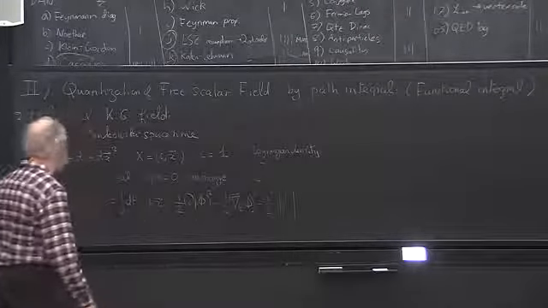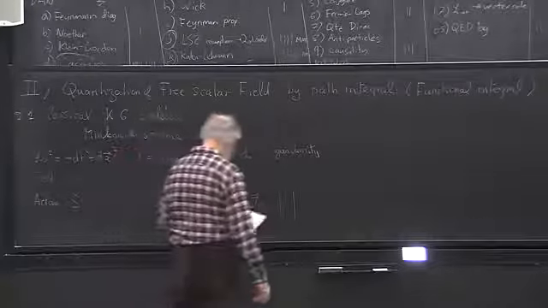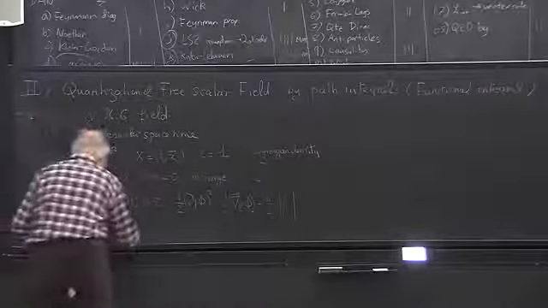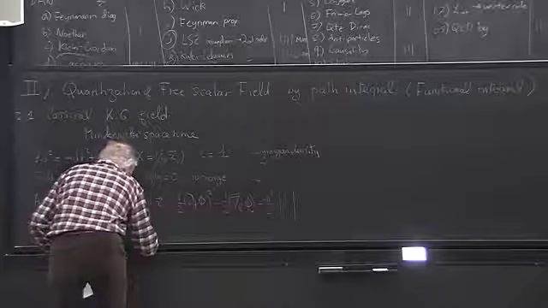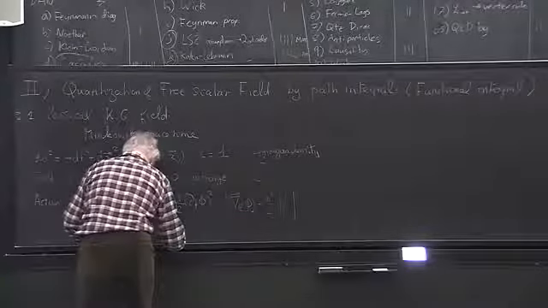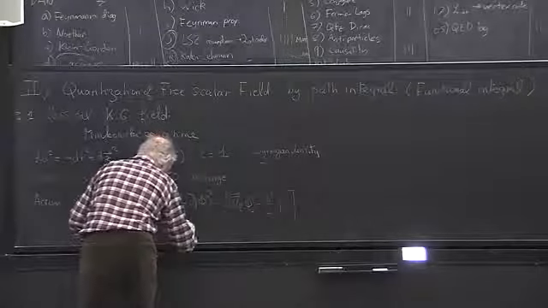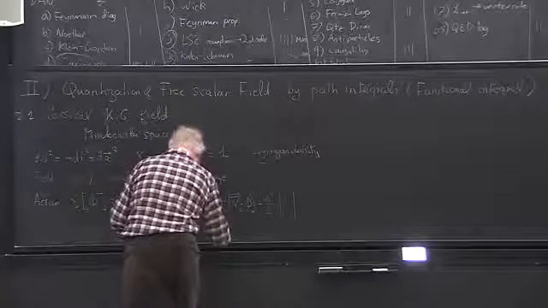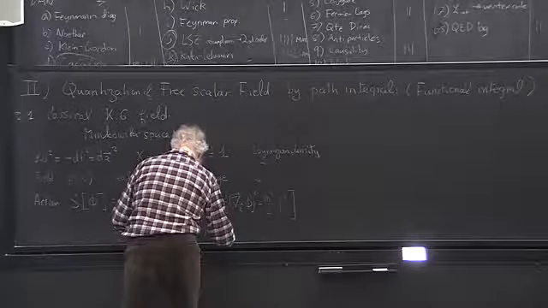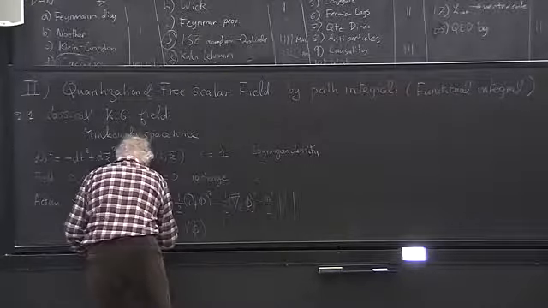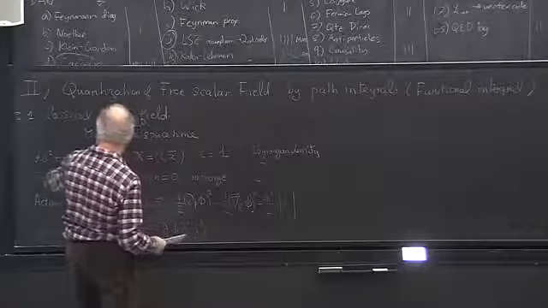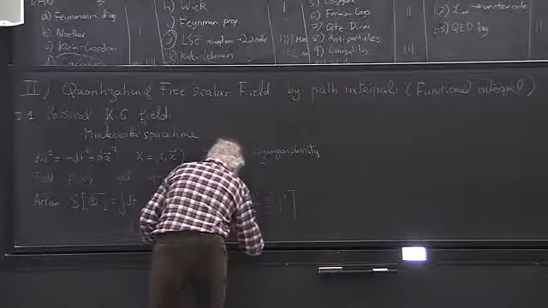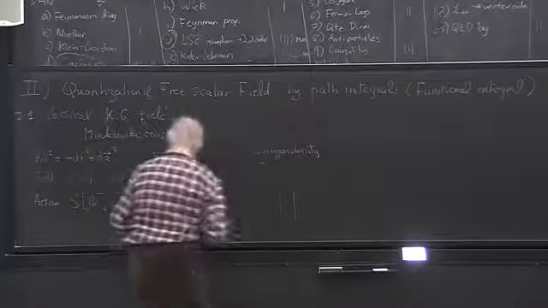Okay, and of course, this can be rewritten in a Lorentz covariant way as the integral of dx, 1/2 of d mu phi d mu phi, minus, I'm sorry, there's a minus here with this convention of metric, minus 1/2 of m squared phi squared.